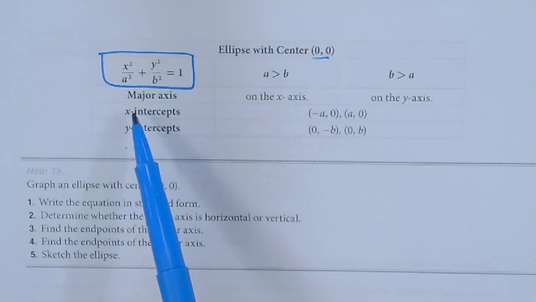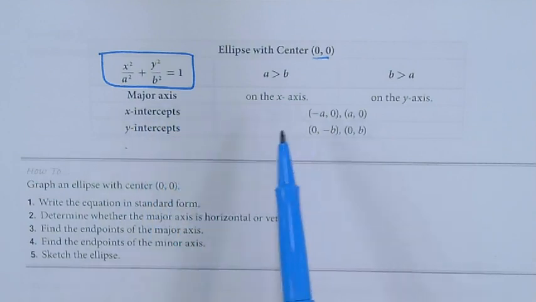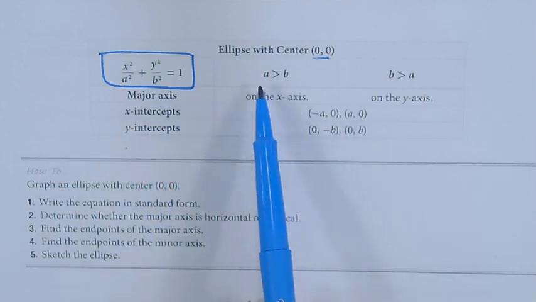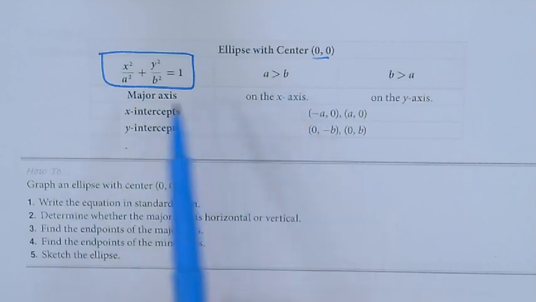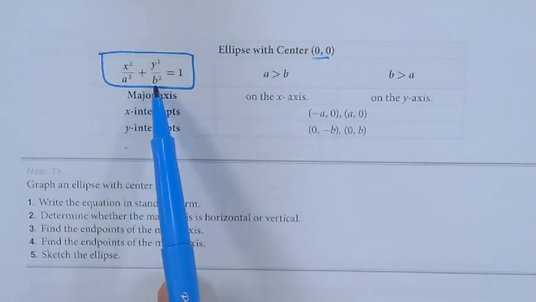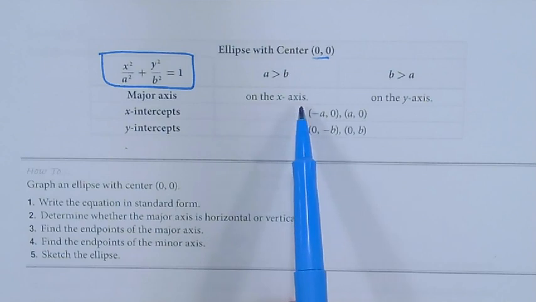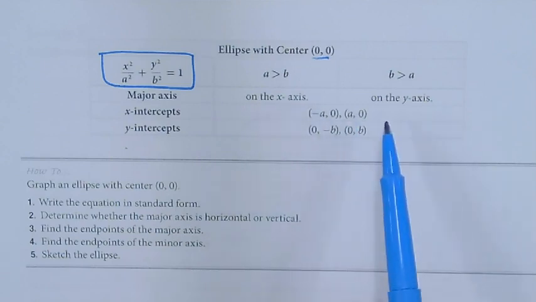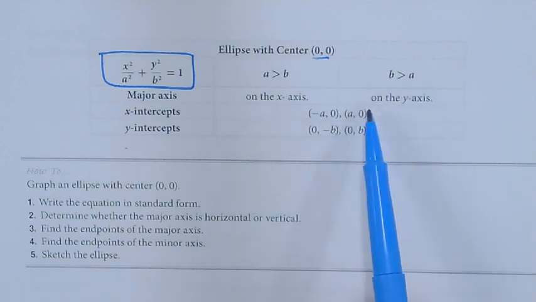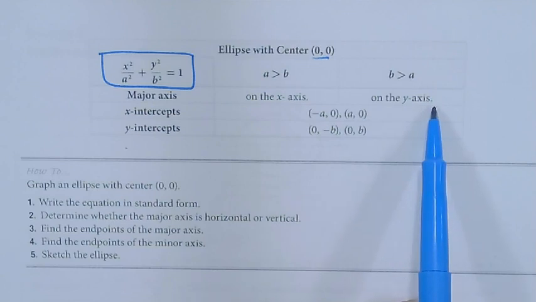So your major axis is on the x-axis if A is greater than B. So if the A value is greater than B, then it's along the x-axis. If the B is greater than A, then it's along the y-axis.